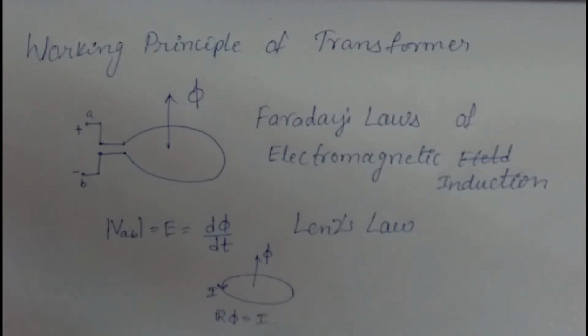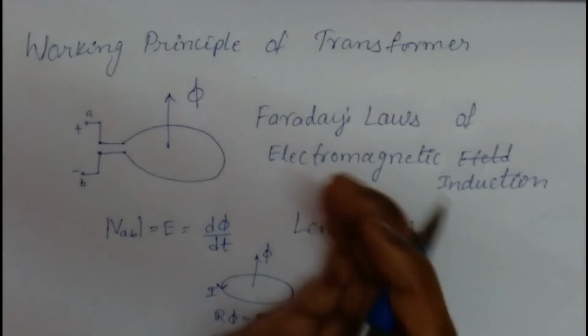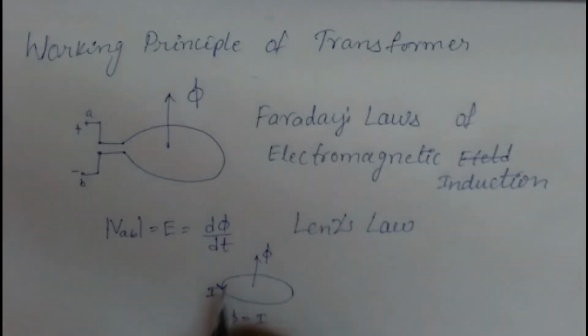If we have N turns, we get N. From the right hand thumb rule, this is for anti-clockwise current direction.